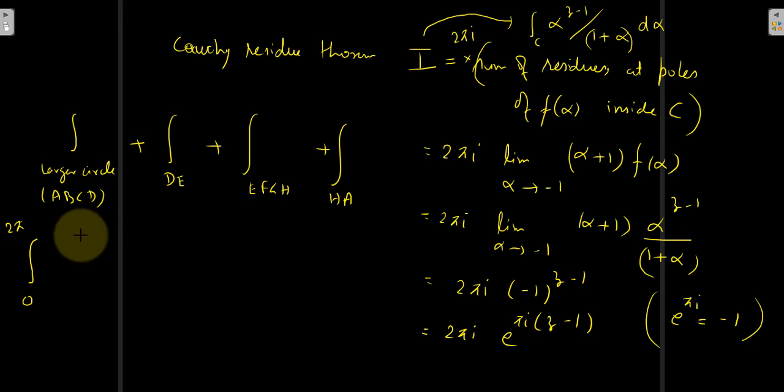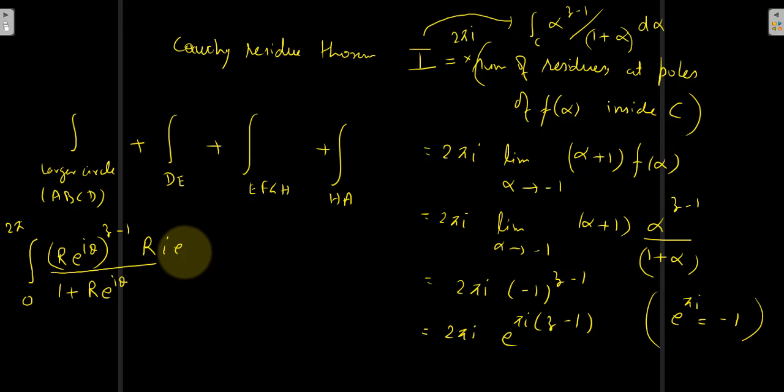So in place of alpha we write R e to the i theta, whole to the z minus 1, divided by 1 plus R e to the i theta. And since alpha is R e to the i theta, d alpha is very easily found: R i e to the i theta d theta. So this is the value of the first integral.